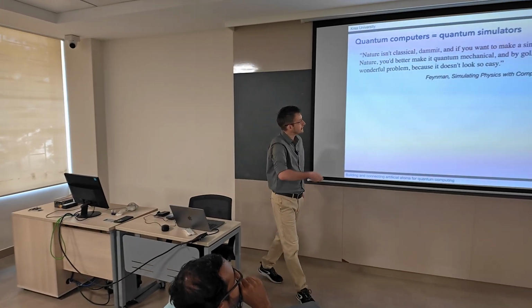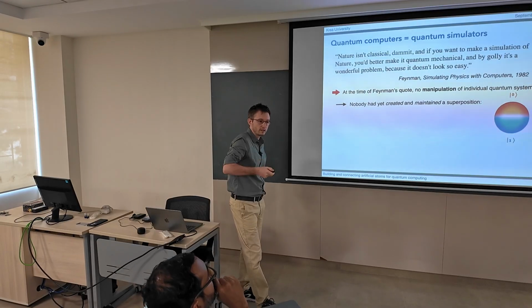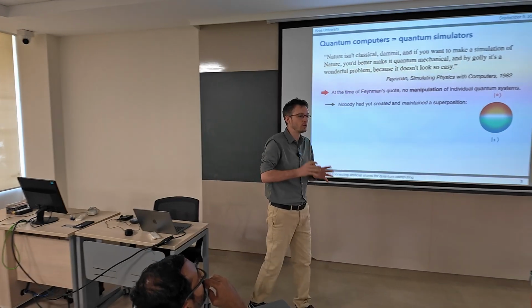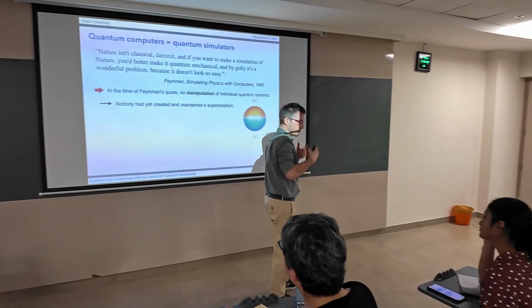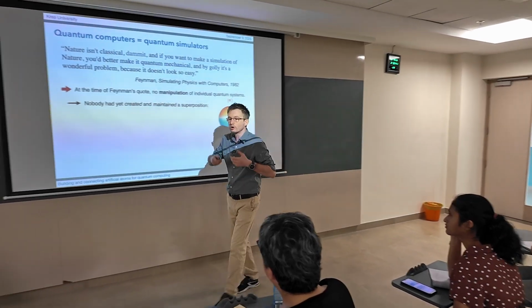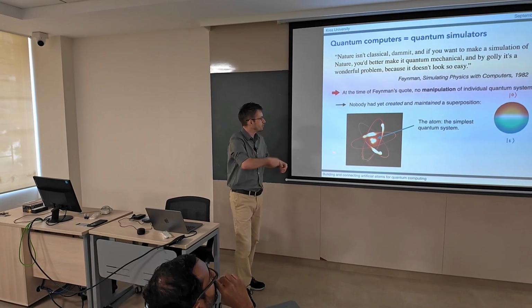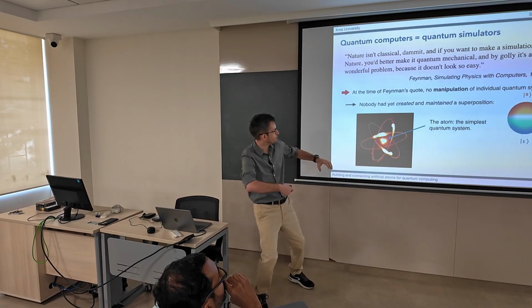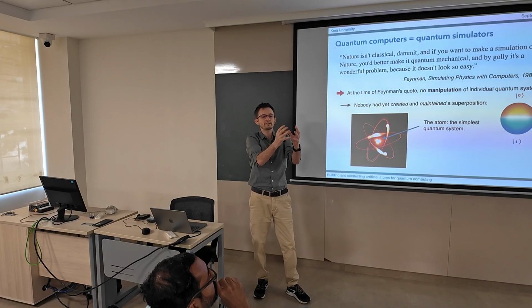But at the time of Feynman's quote, that was more than 15 or 20 years before we were even able to control these quantum systems. We knew about quantum mechanics since very long back, but we had never controlled it. That means we had never been able to excite one of the excited state orbitals of an atom and keep the atom in that state, right?